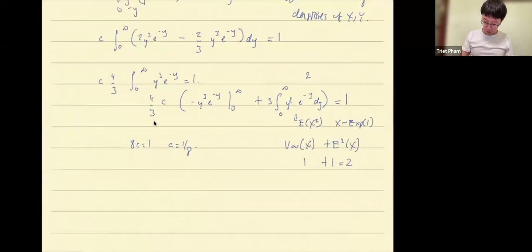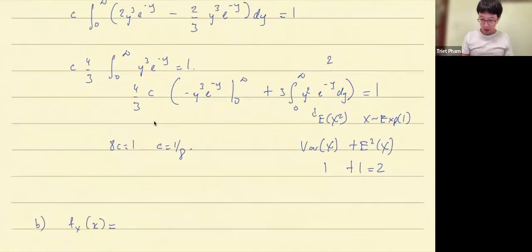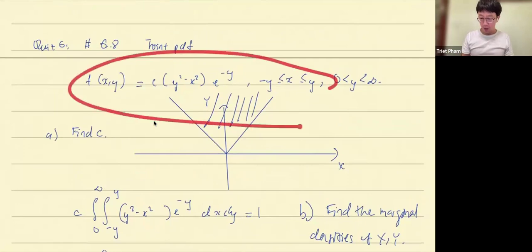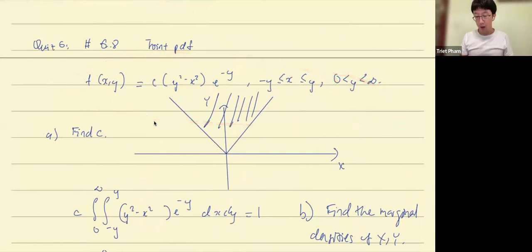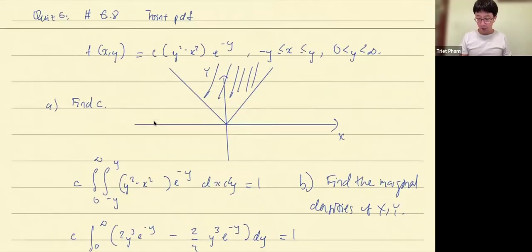So for example, let's say what's the marginal of x? The marginal of x is to integrate this guy out with respect to y. So we have to integrate this guy out with respect to y. So 1/8. Question: y goes from where to where? What's the limit of y?